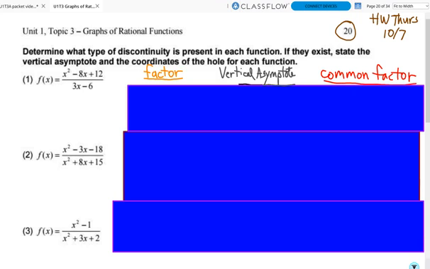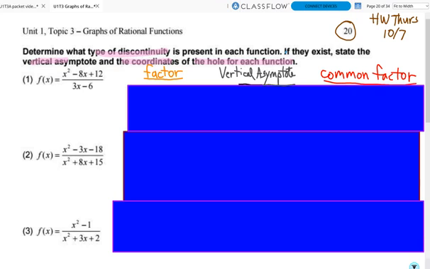So the top of the page says, determine what type of discontinuity is present in each function. If they exist, state the vertical asymptote and the coordinates of the hole for each function. So we are not doing end behavior asymptotes here.